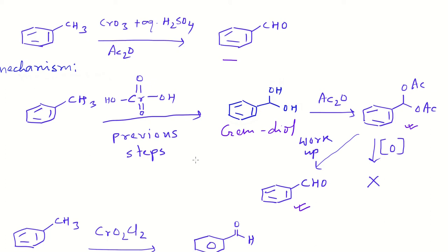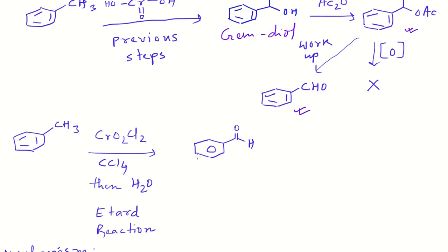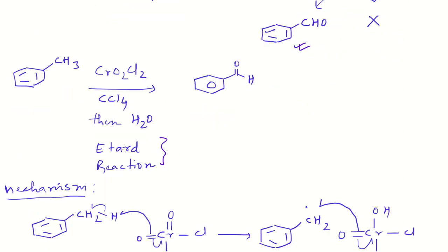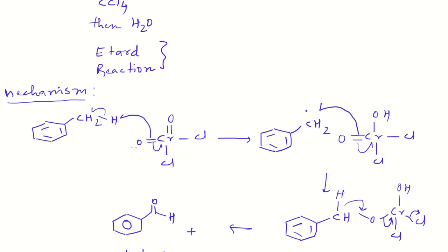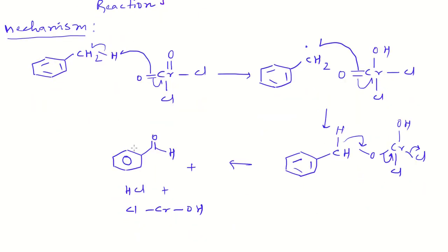The other reagent, chromyl chloride in CCl4, is essentially the Etard reaction. This is also an interesting one. The mechanism is essentially the same as the above reactions. First, the chromyl chloride will abstract the benzylic hydrogen atom in a radical fashion.